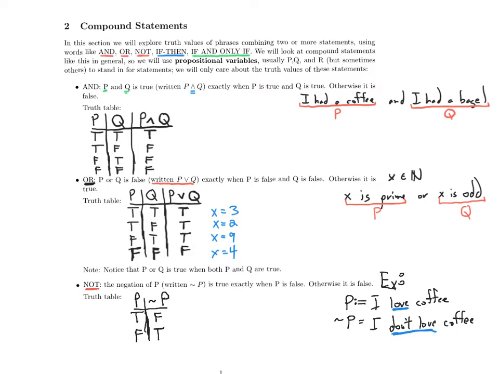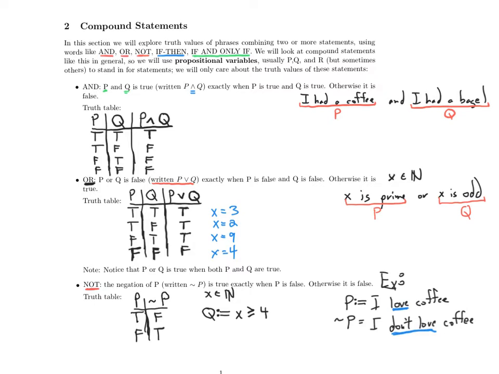Let me give you one more example. This one will be an open sentence. Let's say my variable is going to be, let's go with the natural numbers. And let's say the statement Q, I'll use a different letter, is X is greater than or equal to 4.